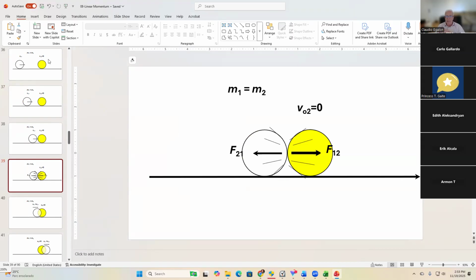The force that one applies to two is equal in magnitude and opposite in direction to the force that two applies on one.